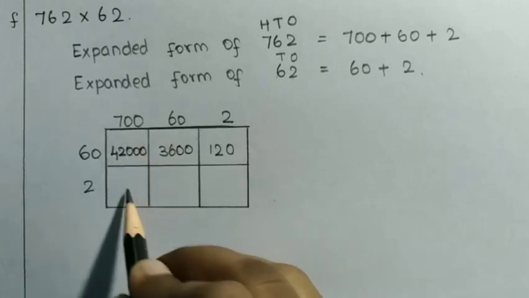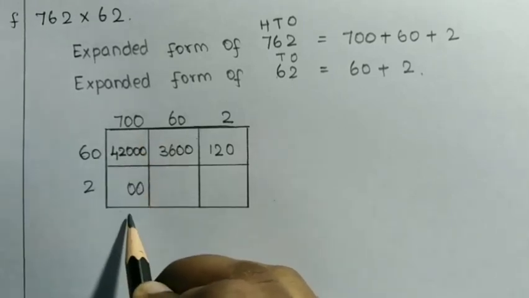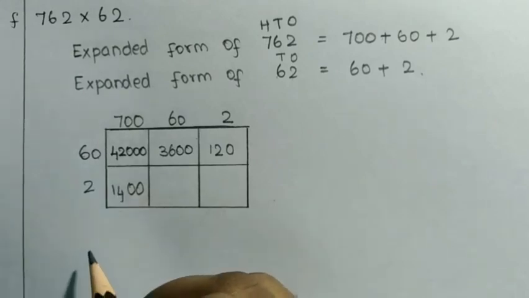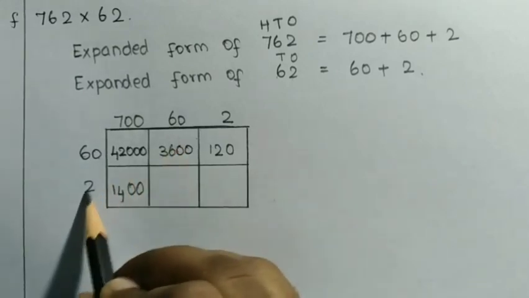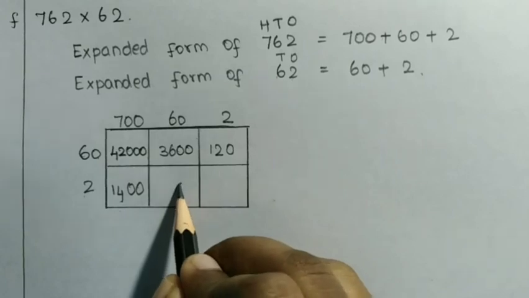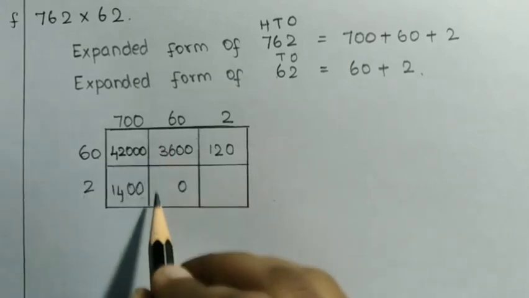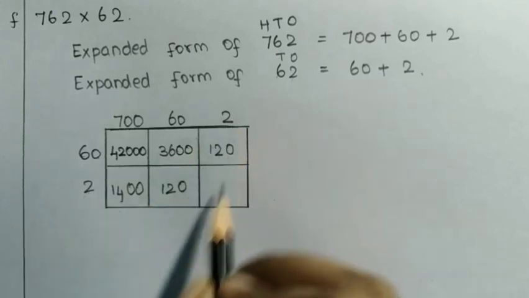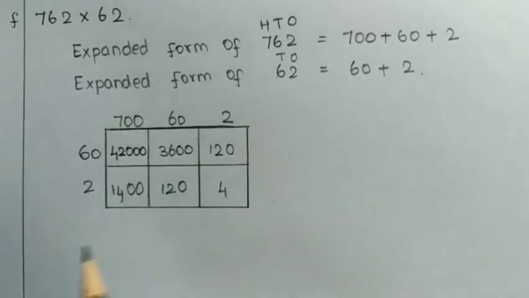So let us put 2 zeros at the end and 7 2s are 14. 2 into 60. Let us put 0 at the end. 2 sixes are 12. And then now 2 2s are 4.